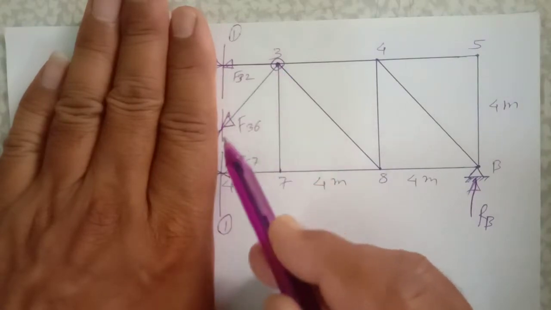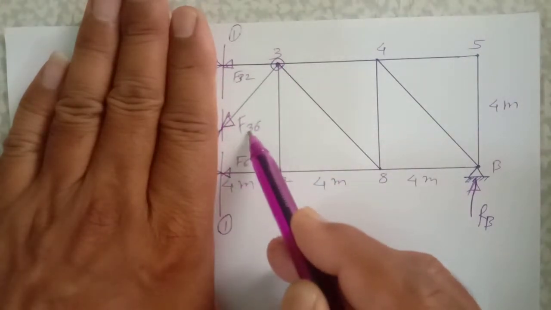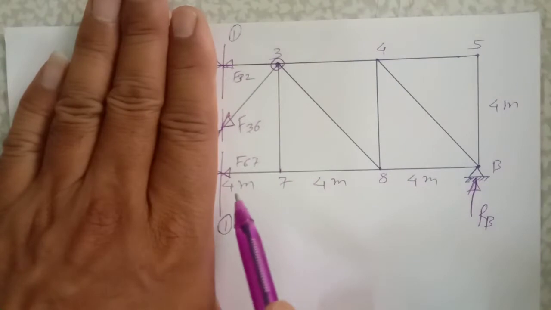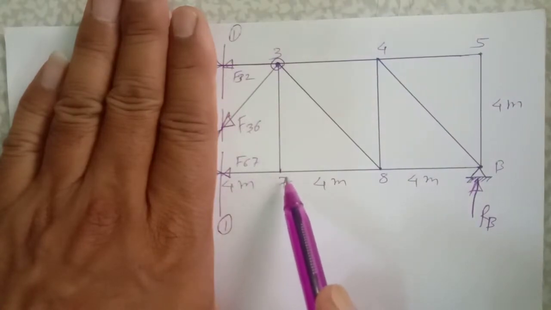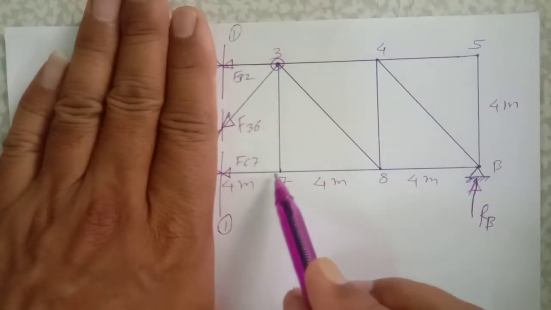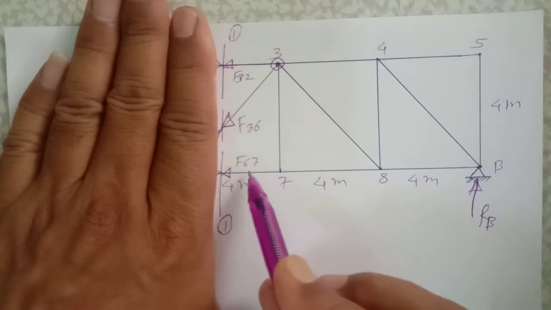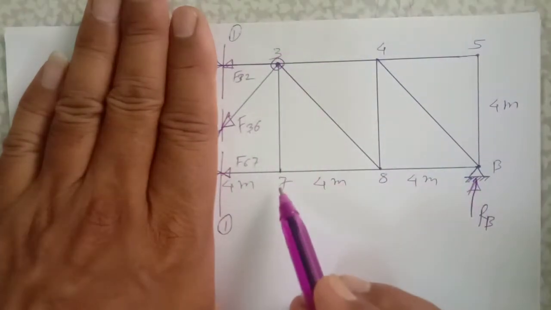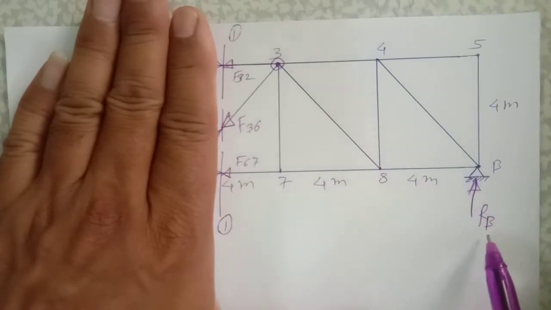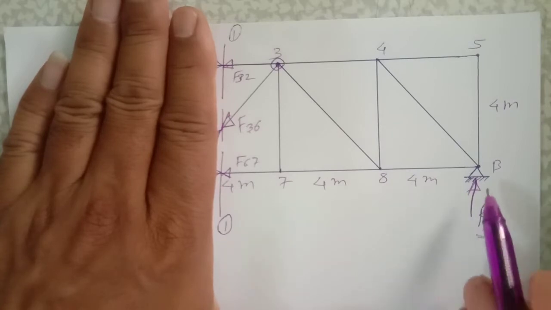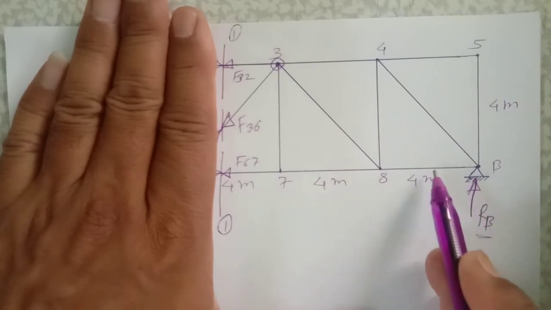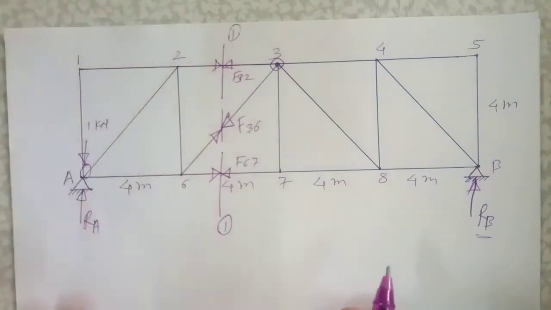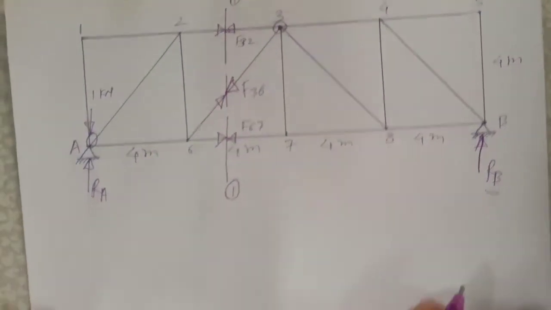Moment of the force 3 6 is also 0, and the moment of the force in member 6 7 is the force multiplied by 4 meter. And one more, the moment of RB is there, that is RB multiplied by 4 plus 4, 8. Okay, so let us start the problem.